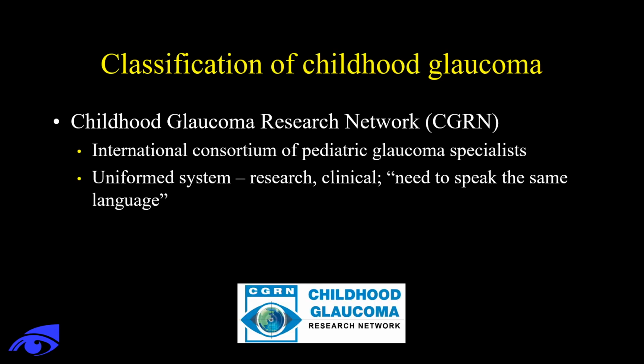So how do we classify glaucoma that is associated with Sturge-Weber syndrome? This all came from a concerted effort by the Childhood Glaucoma Research Network, which is headquartered at my home institution, the Bascom Eye Institute. And this consists of the international consortium of pediatric glaucoma specialists, where we came up with a classification system for the purpose of research and clinical care.